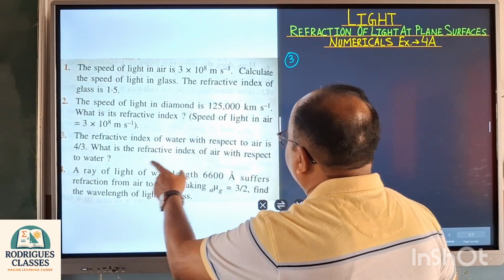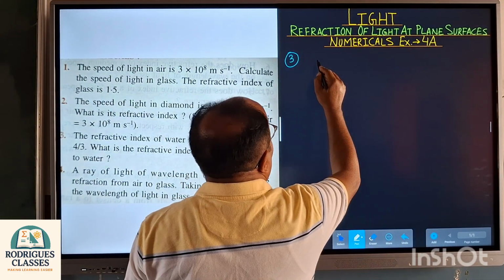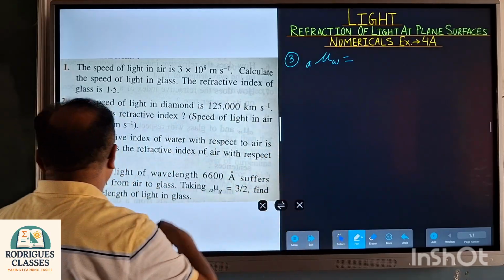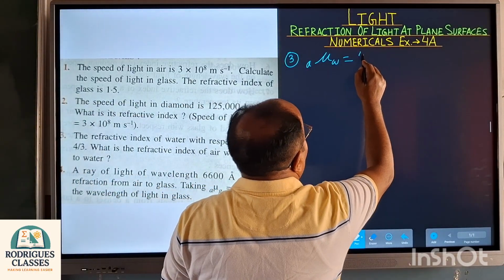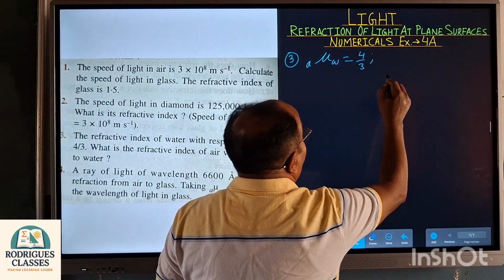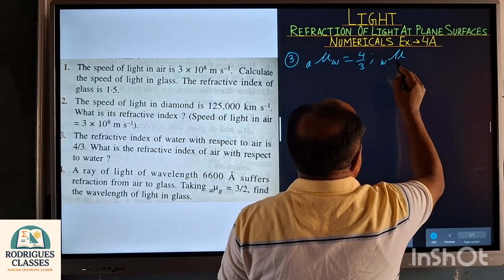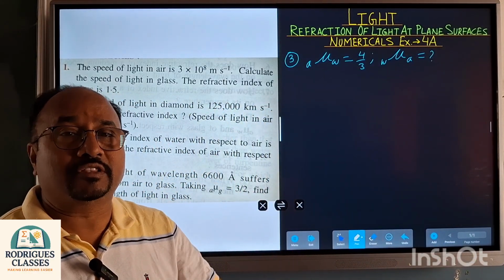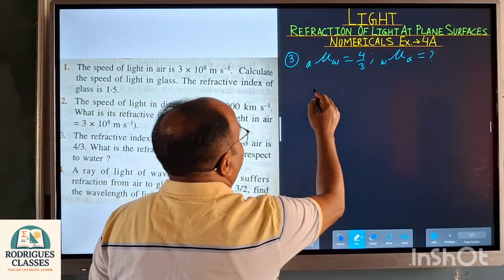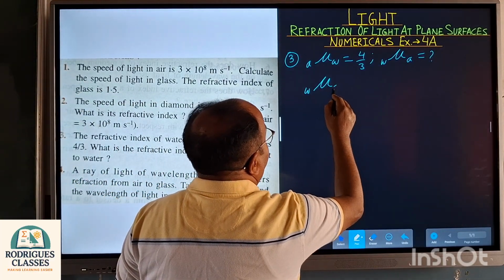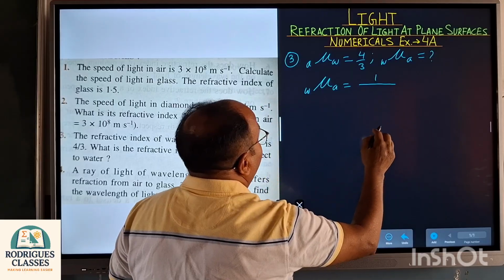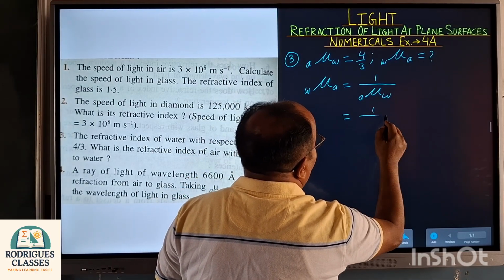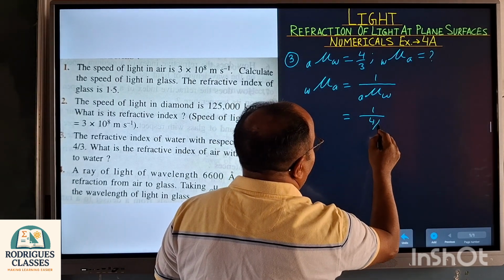I have been given the value here of A mu W as 4 by 3, and we have to find the value for W mu A, that is, refractive index of air with respect to water. So I will write here W mu A equals 1 by A mu W. So 1 by 4 by 3 is given here.